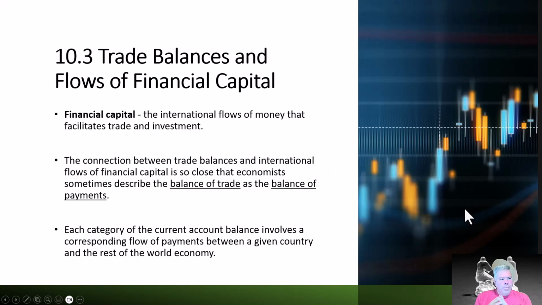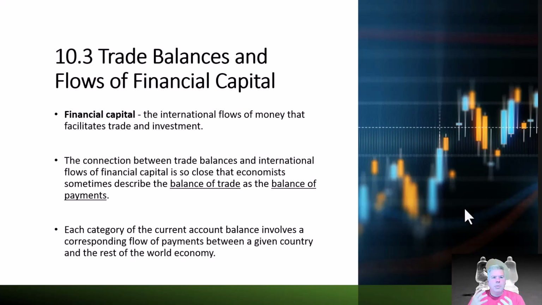So when we talk about trade balances and flows of financial capital, the financial capital is international flows of money. In this particular case, since we're talking about trade balance, it's international flows of money that facilitate trade, investment, and commerce. So capital is generally money, and it kind of flows around. When we're talking about financial capital, you've got human capital, you've got infrastructure capital, but we're talking financial capital, which is money.